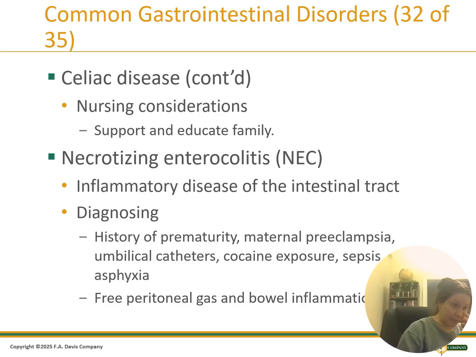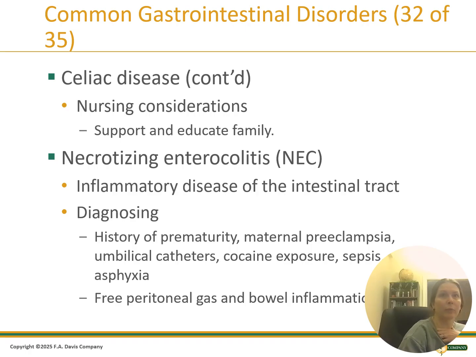So this involves some intestinal ischemia, which we're going to have inflammation with, and then it can possibly lead to necrosis. So with this, we're worried about it progressing to a bowel perforation.